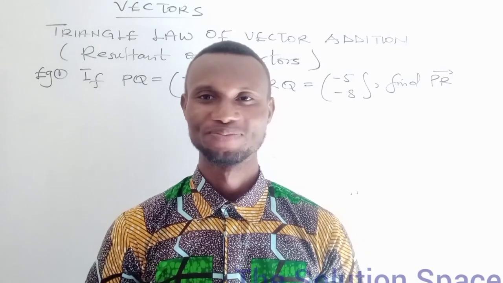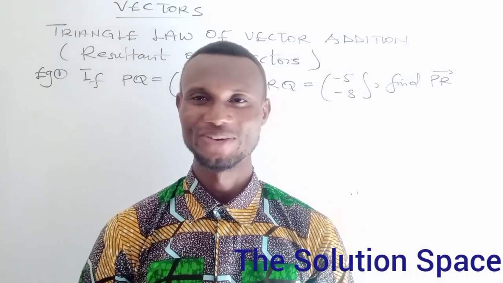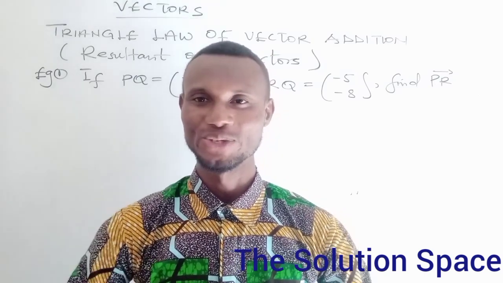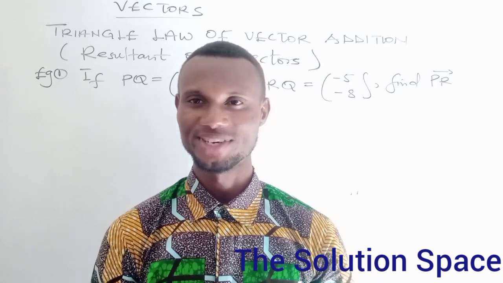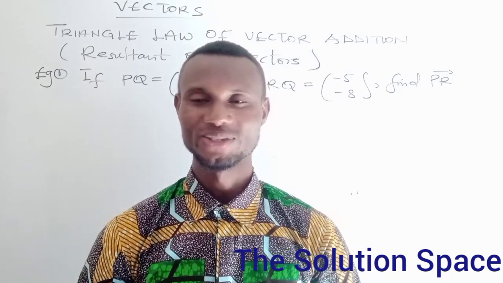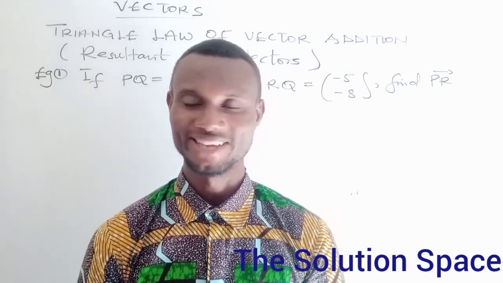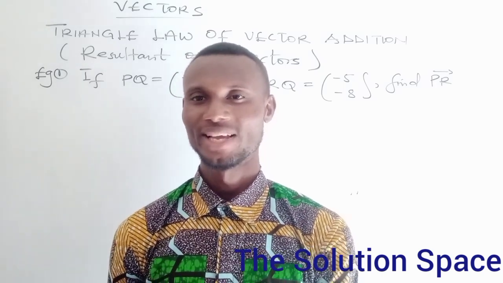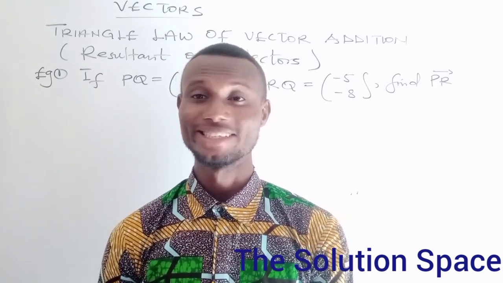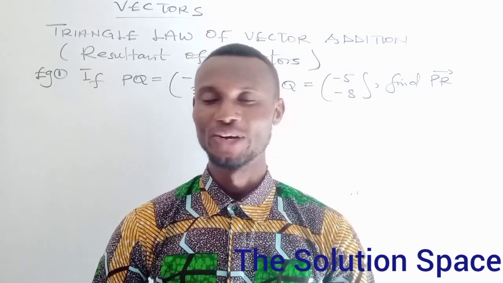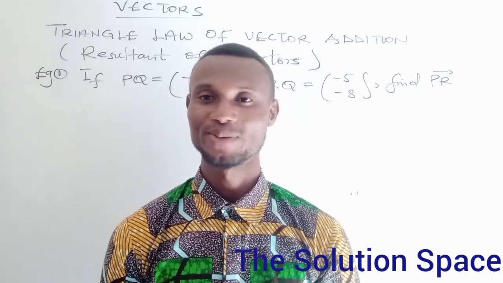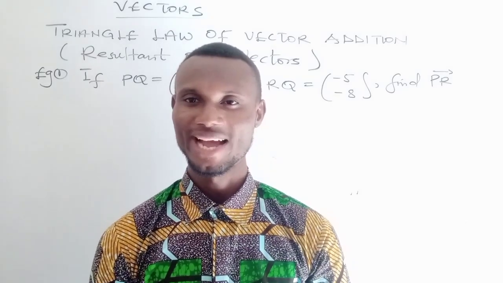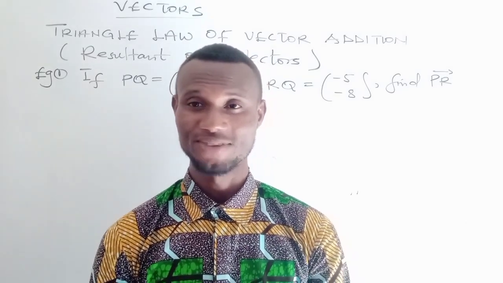Hello once again. Welcome to the continuation on the vectors that I started with you in the previous videos. In the previous videos, we started learning about vectors, starting with the introduction to vectors, and we moved on to addition and subtraction of vectors, and also we looked at multiplication of a vector by a scalar, and the last thing that we handled on the vectors is position vectors.